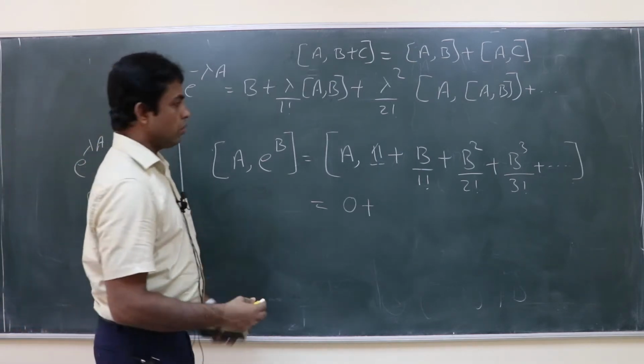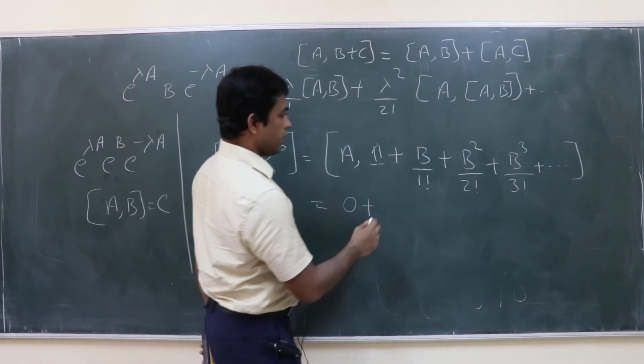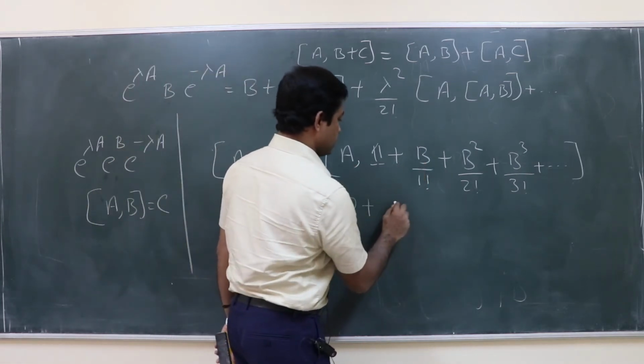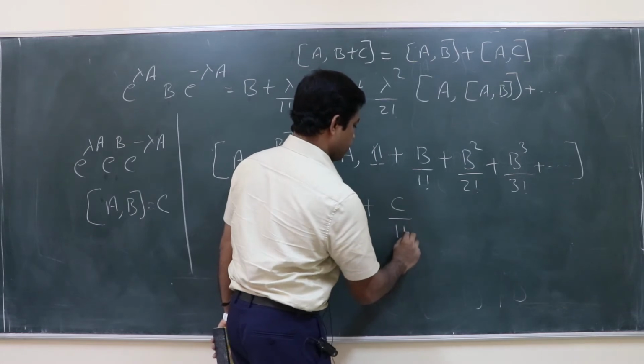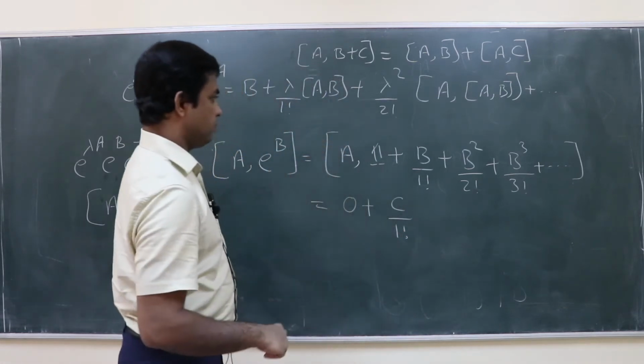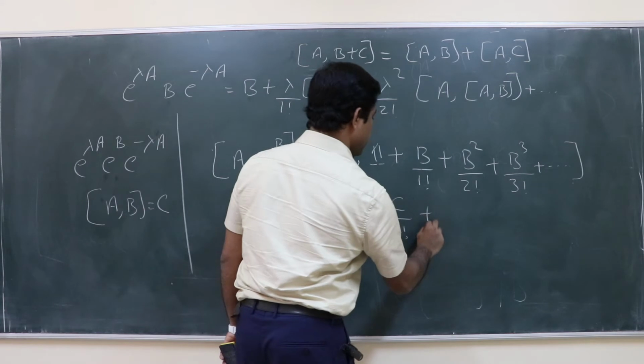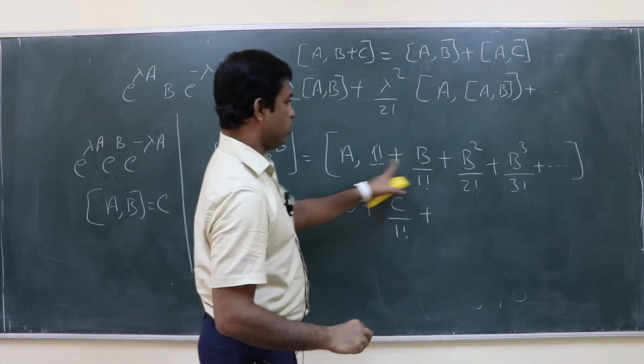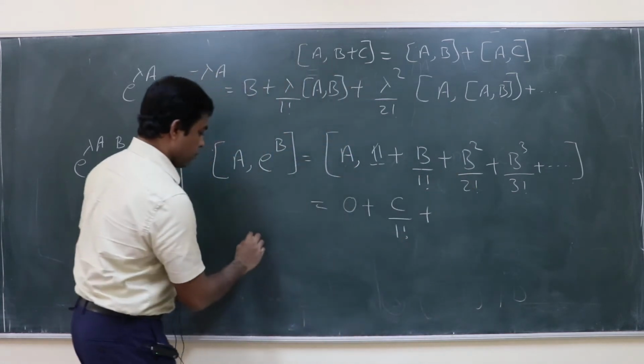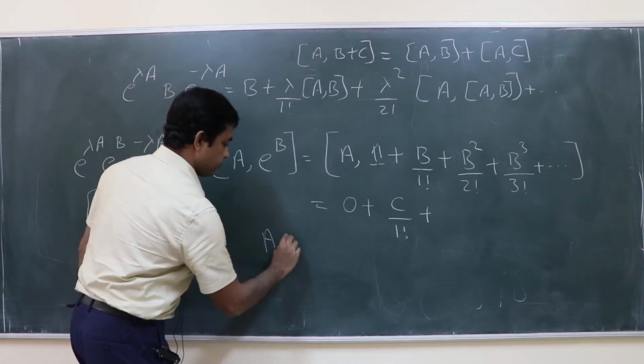What we require here is the commutator of a with b, so that is c by 1 factorial. Next is plus a commutator with b square. So what is the commutator of a with b square?